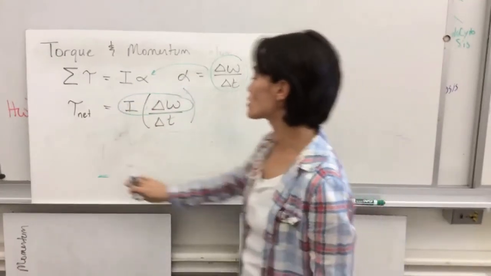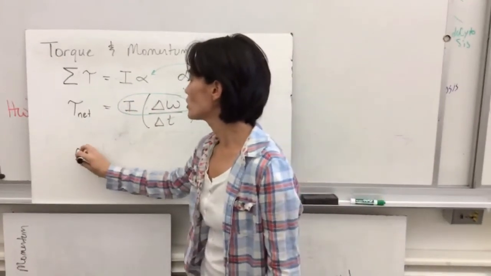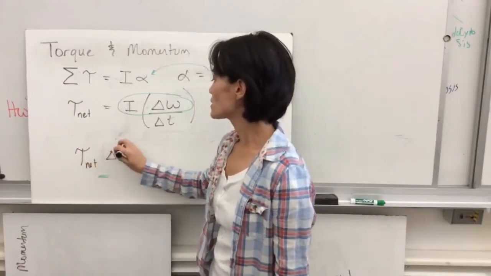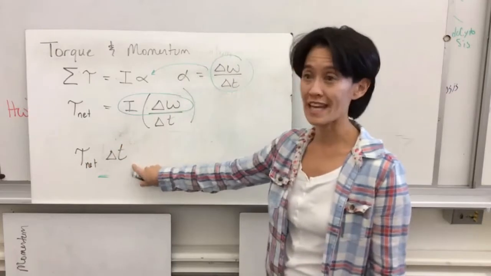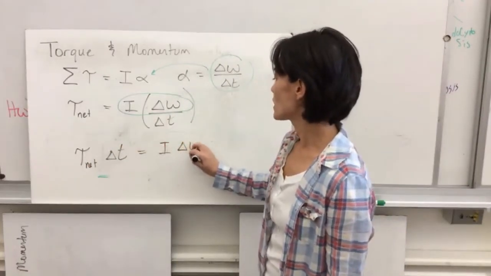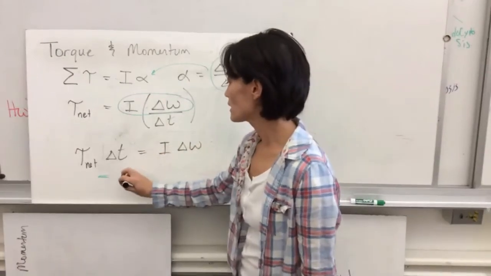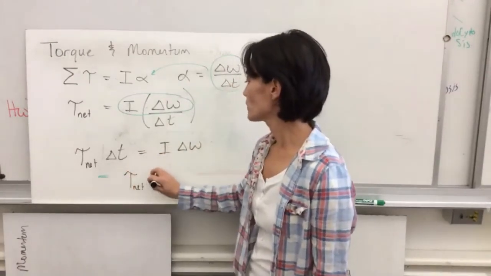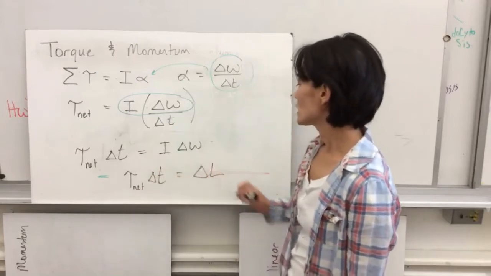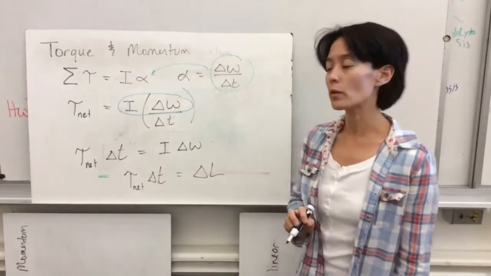So you could also have an impulse type of equation for angular quantities, in that my net torque times the time over which that torque is acting is equal to I times change in omega, or another way to write that is that my net torque times my change in time is equal to my change in angular momentum. All right?